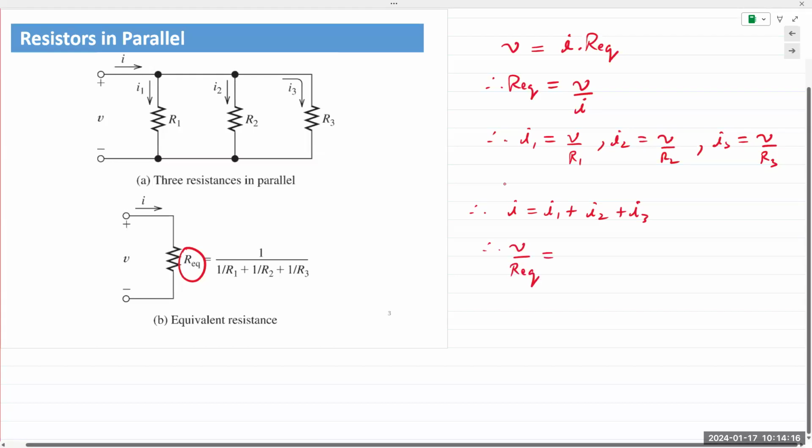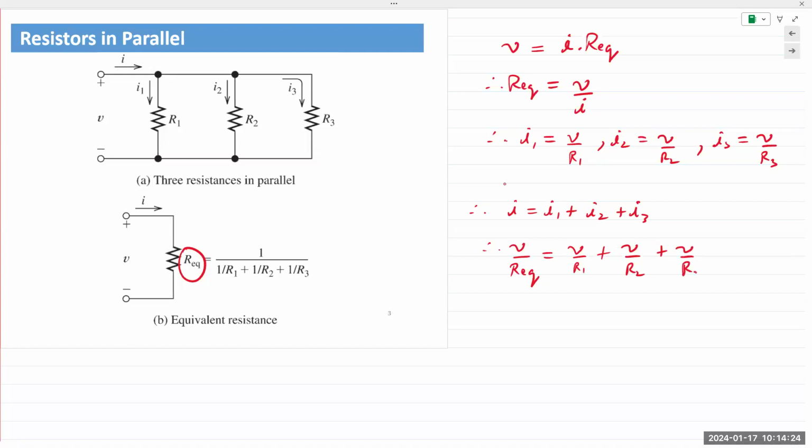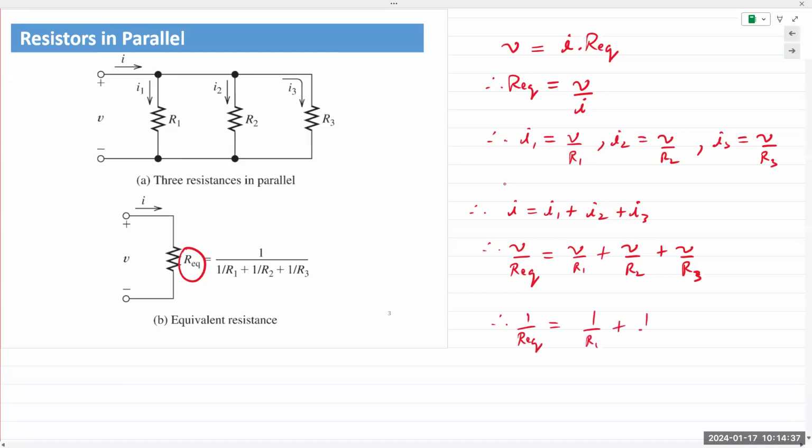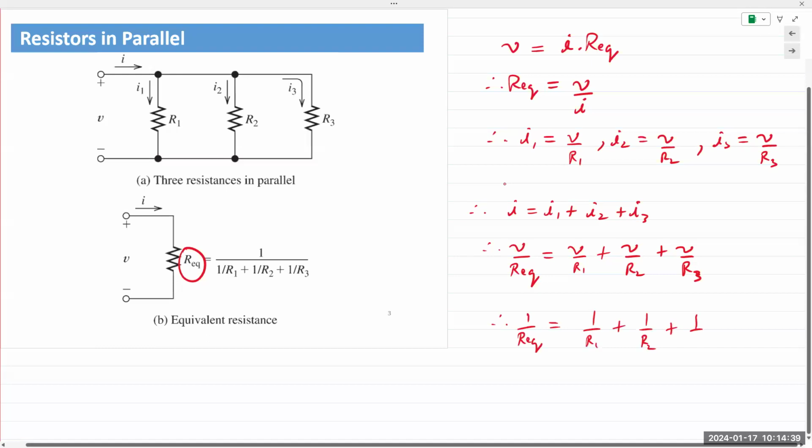You get V over Req is equal to V over R1 plus V over R2 plus V over R3. Voltage V is the same, cancels out. So you get 1 over Req is 1 over R1, plus 1 over R2, plus 1 over R3.